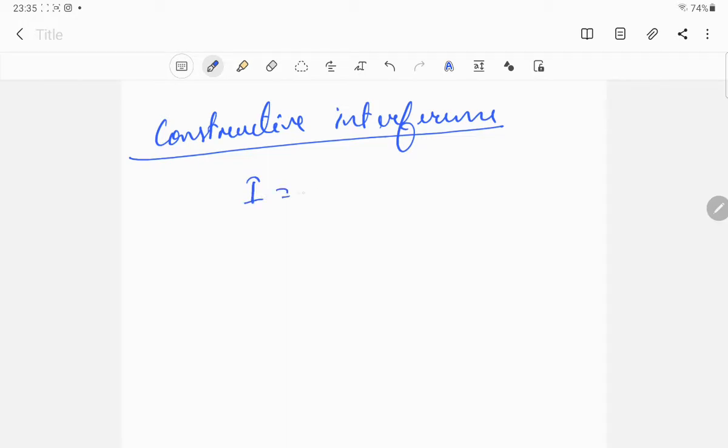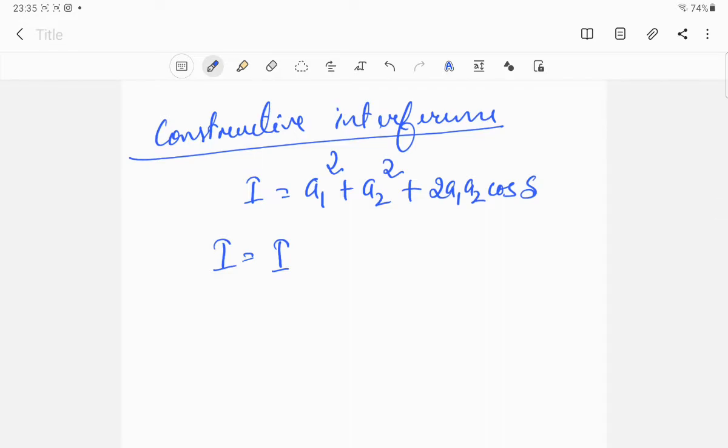Intensity is equal to A1 square plus A2 square plus twice A1 A2 cos delta. Constructive interference means the interference should be maximum, or you can say the resultant amplitude should be greater than the individual amplitudes of the single waves.